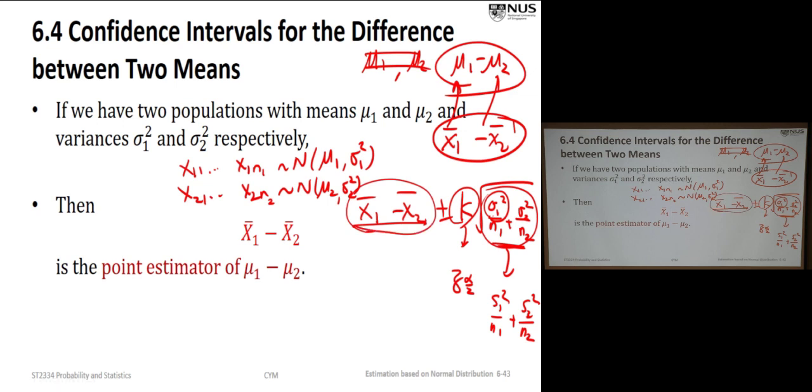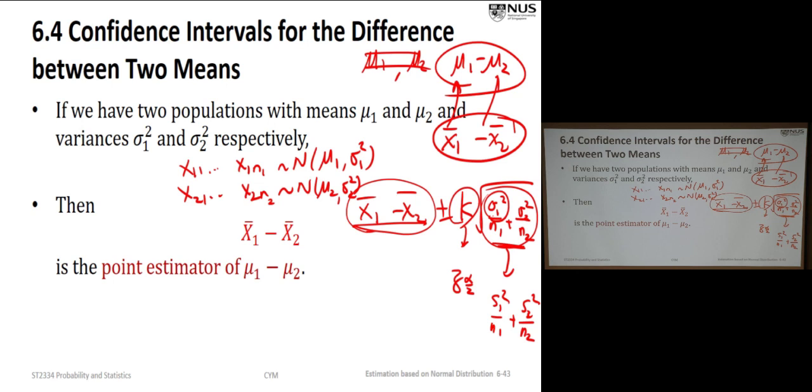Then what can we say about the distribution of x1 bar minus x2 bar? Because x1 bar is approximately normal and x2 bar is approximately normal, the difference is again approximately normal. So it's just to figure out what the mean and variance are. The mean is mu1 minus mu2.